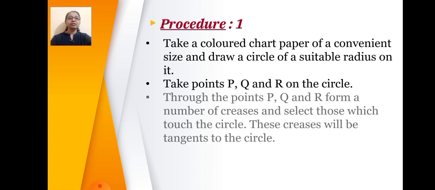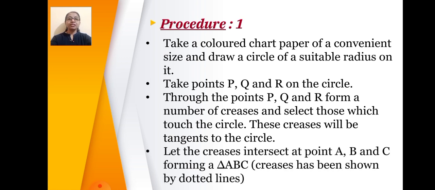Then after that, through the points P, Q and R, form a number of creases. Creases means folds. Form a number of creases and select those which touch the circle. Only those which touch the circle will be considered tangents to the circle.